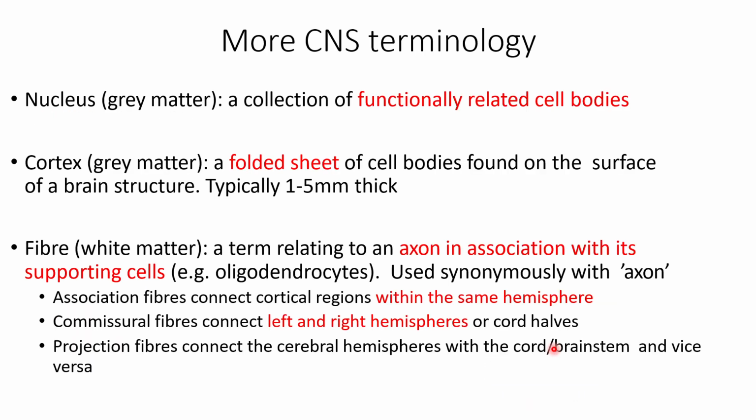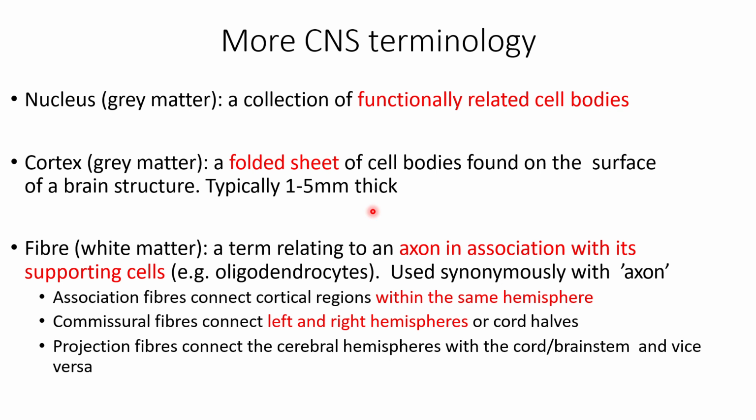Now let's look at some more CNS terminology. So we have this term nucleus, and a nucleus is a grey matter structure. A nucleus can be defined as a collection of functionally related cell bodies. And we're going to learn about many nuclei within the central nervous system. But the key thing for you to appreciate at the moment is that a nucleus is made up of a collection of functionally related cell bodies.